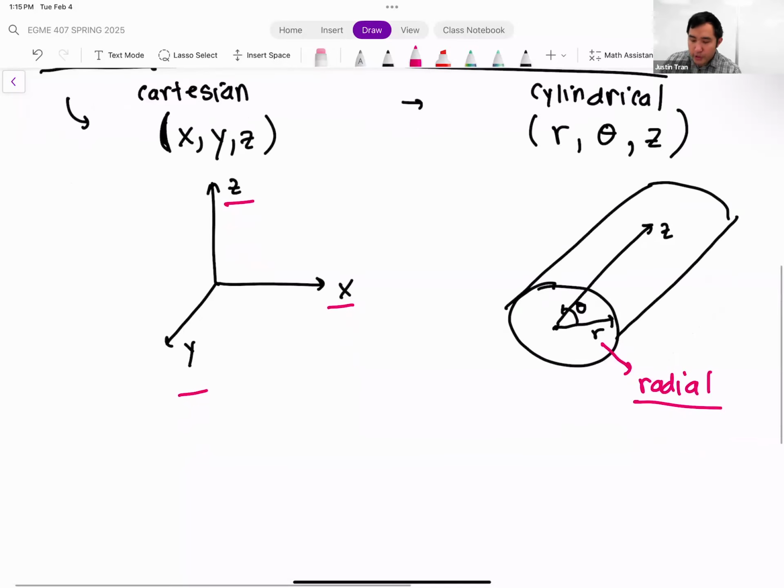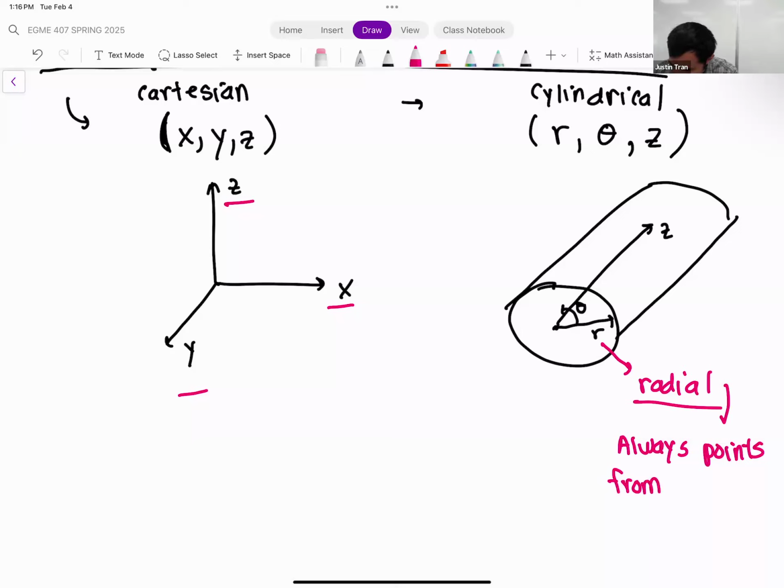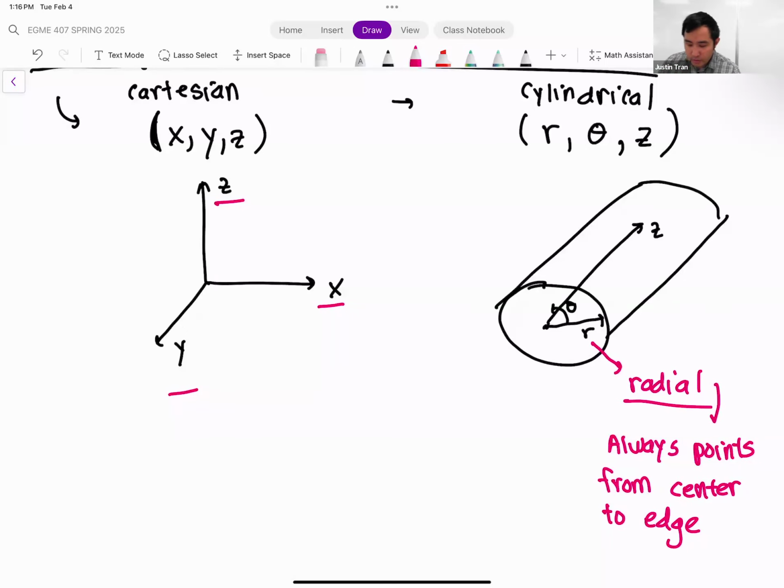It always points from the center of the cylinder to the outer surface of the cylinder. So the R vector I drew there is perfectly valid, but this is also the R direction, and this is also the R direction.